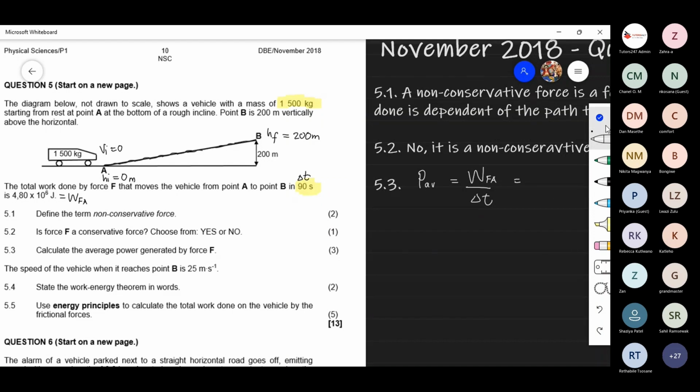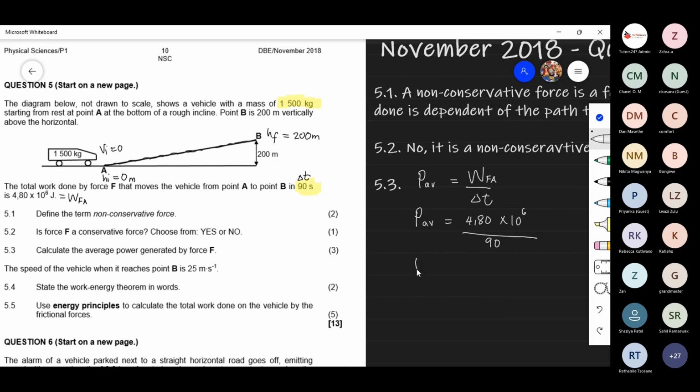So all we need to do is substitute the value of the work done by the applied force, and that is 4.80 times 10 to the power 6 all over our time. Here is our time, and that is 90 seconds. Make sure that your time is always in seconds, okay?